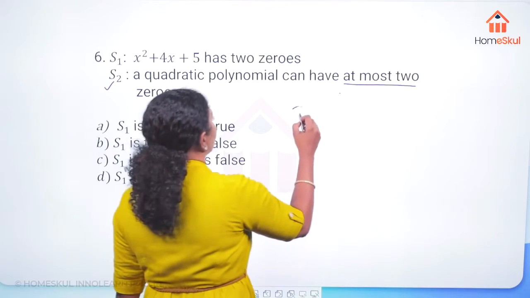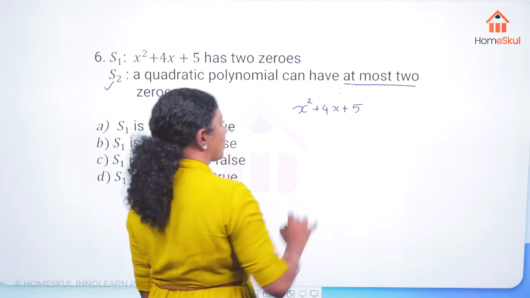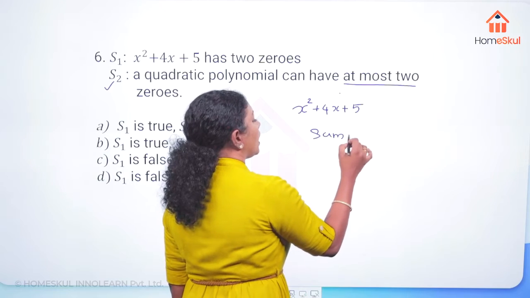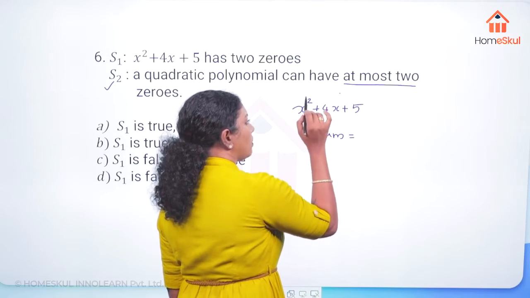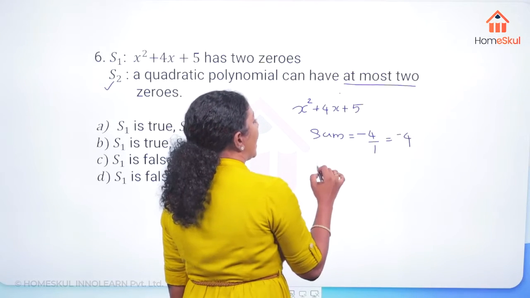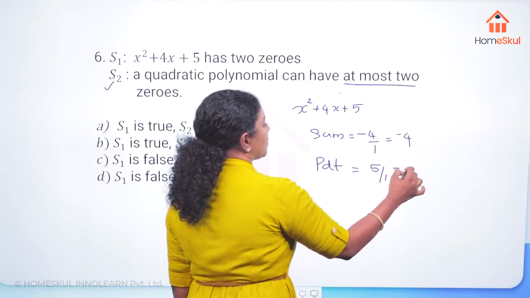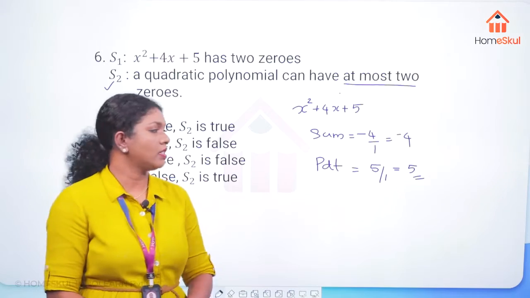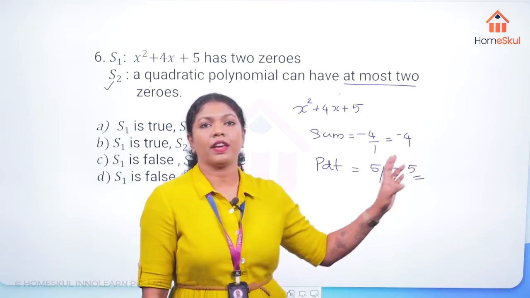So let us look at the quadratic polynomial x square plus 4x plus 5. How will you find the roots? You need to find the sum of the zeros, which is minus b by a, which is minus 4, and the product, which is 5 by 1, which is 5. Now you need to find two numbers whose sum is minus 4 and the product is 5.